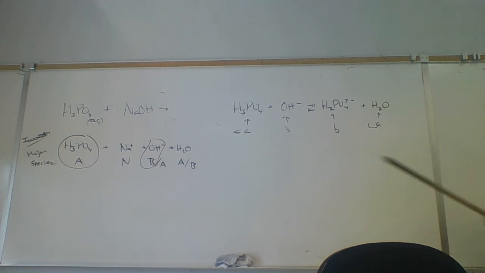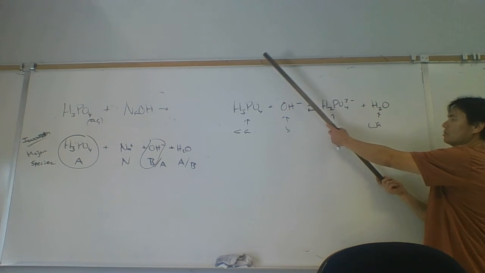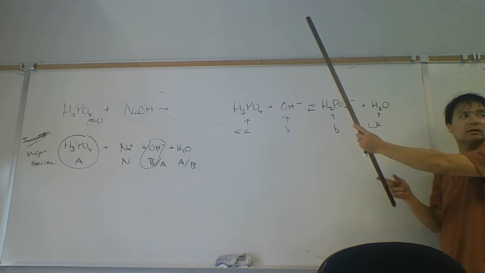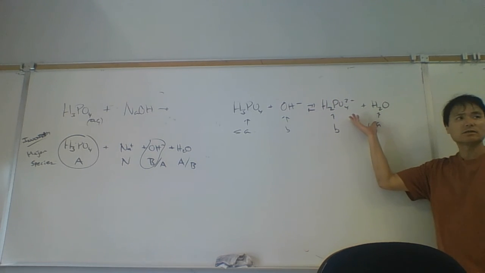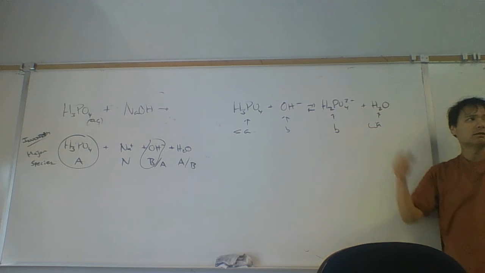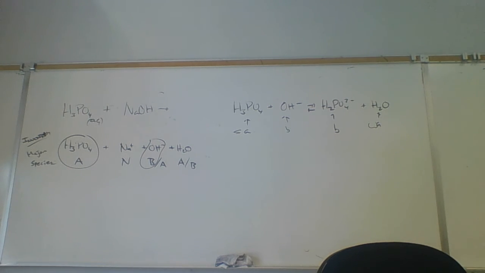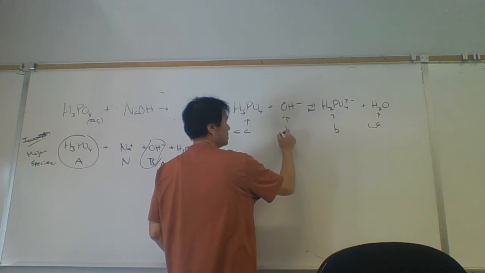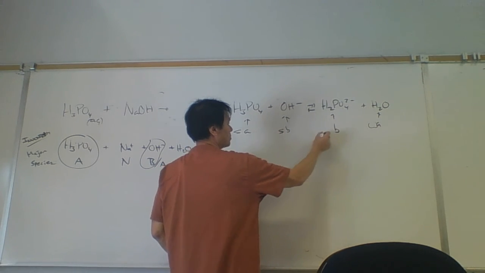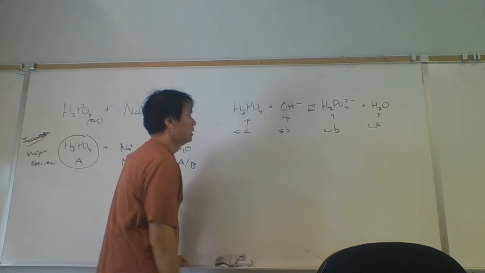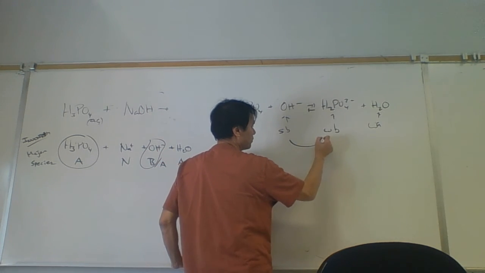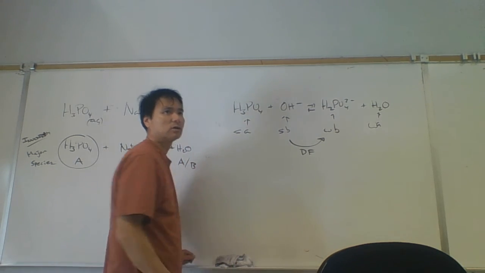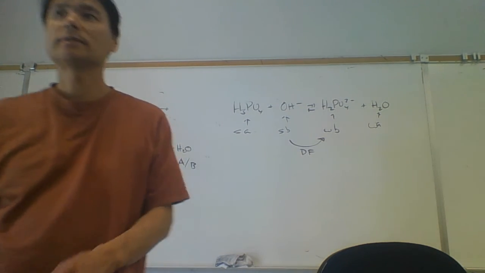And so when I look at this, H3PO4 is much stronger than water, so this is going to be a steep downhill descent. We expect to form a lot of this. That must mean hydroxide is a stronger base than H2PO4 minus, and that's correct. That follows. And so what we have here is a driving force for the forward reaction. We're going from stronger to weaker acid. Does that make sense?